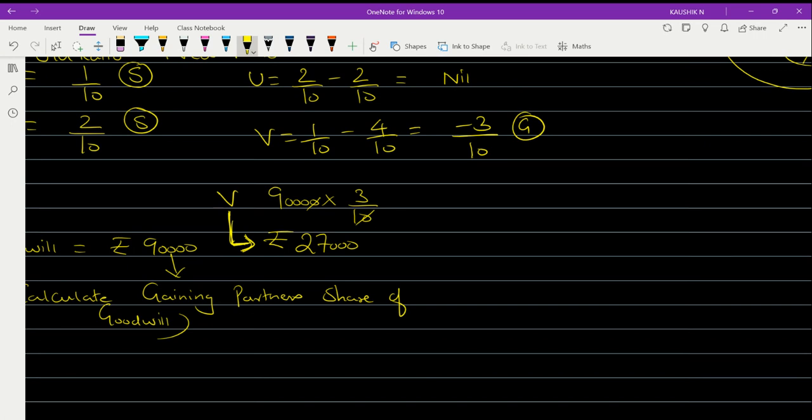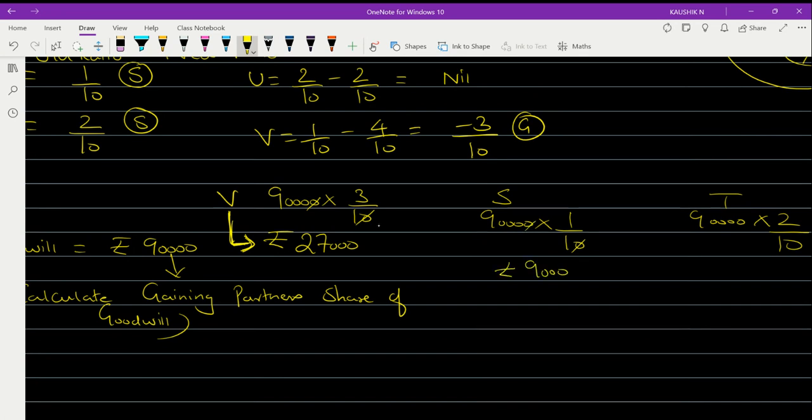You got this value. In the same way, for the other two partners, S and T, you calculate on the 90,000, into 1 by 10, and 90,000 into 2 by 10. That is in the sacrificing ratio. Once you cancel the common zeros, you'll get the amount.